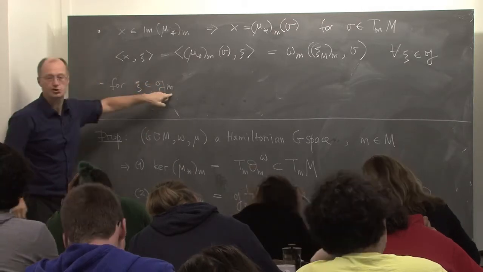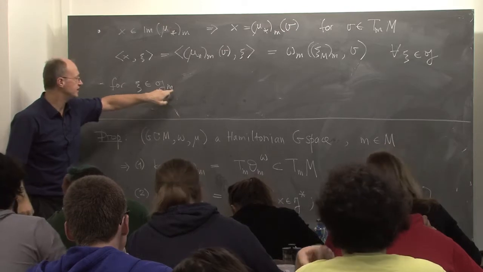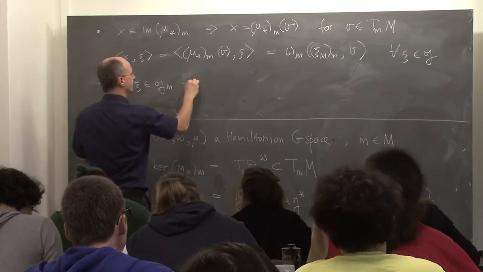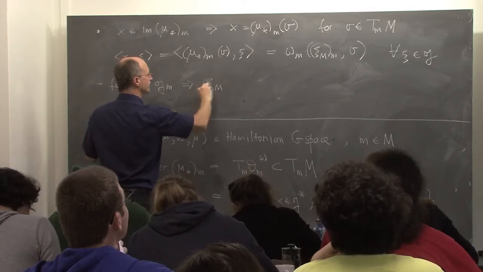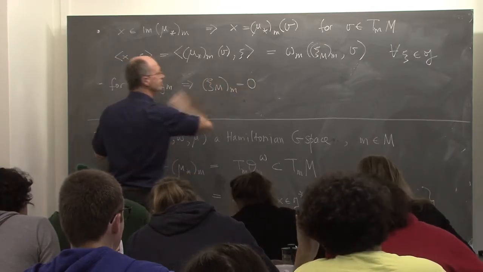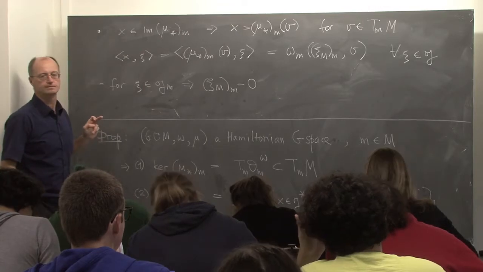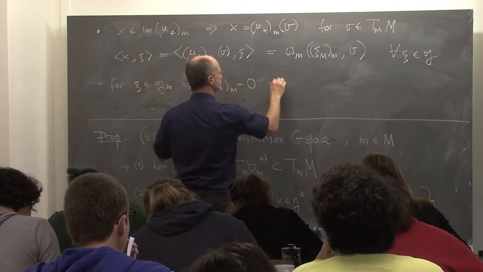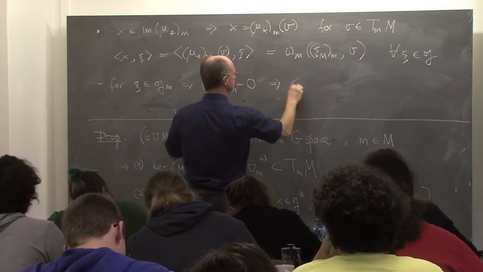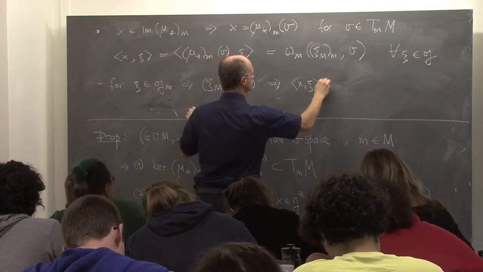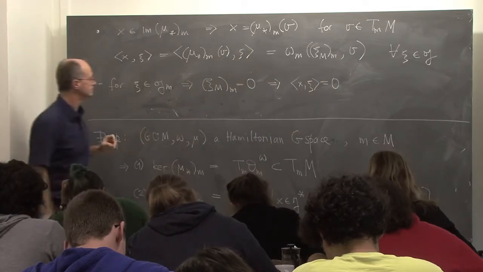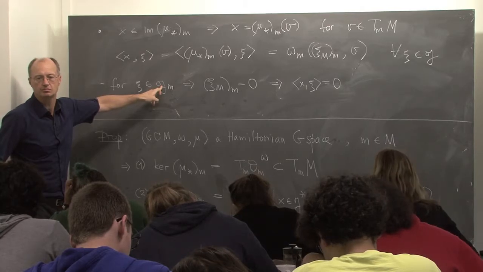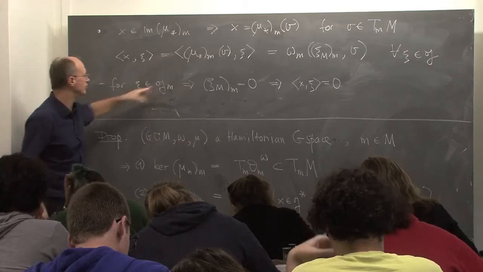Now, if psi is in G_m, this means that psi_M vanishes at m. And this means that the right-hand side vanishes. So X is orthogonal to G_m. So it vanishes on all the vectors from G_m.